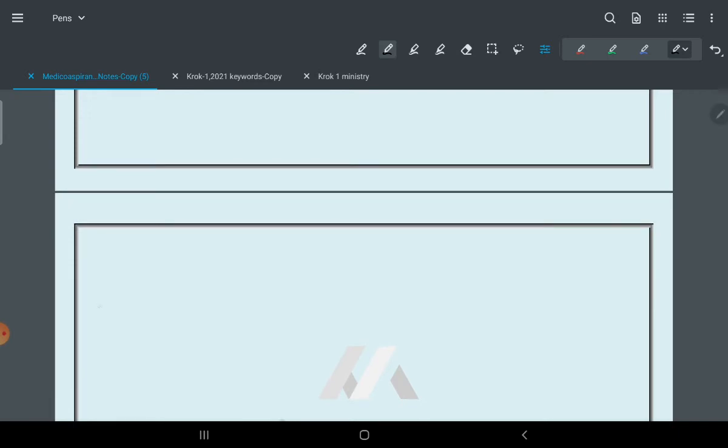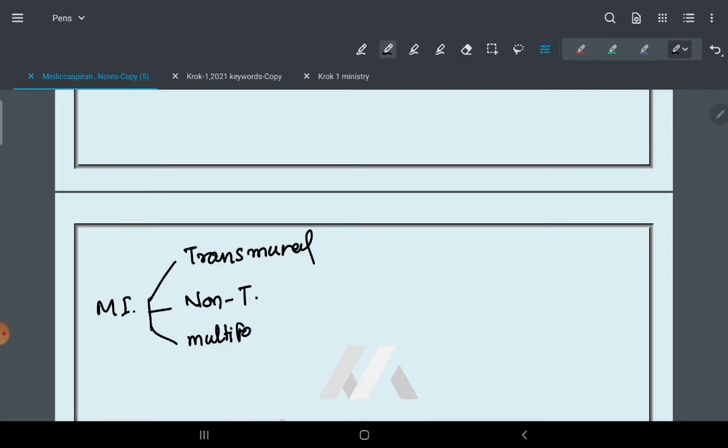They may present as intramural or transmural, or subendocardial or non-transmural, or the last one, very important, they may present in multifocal form.